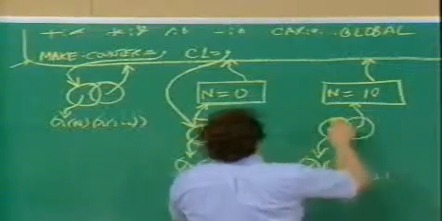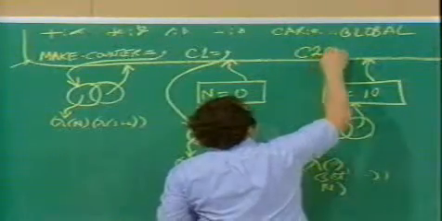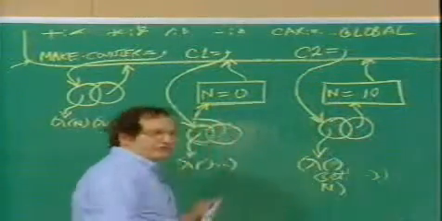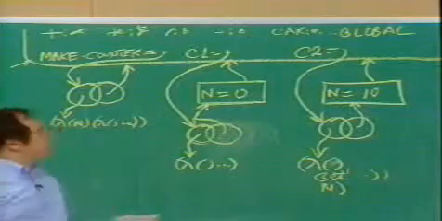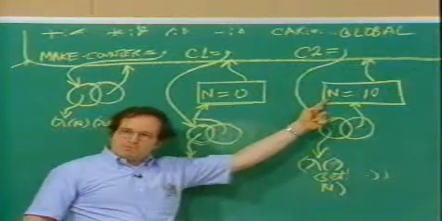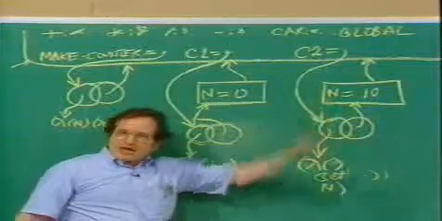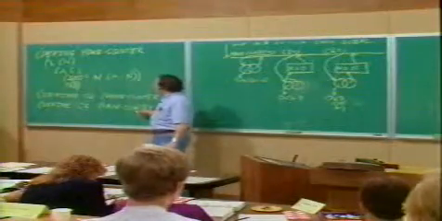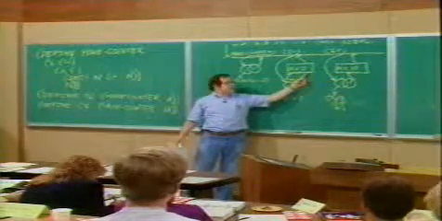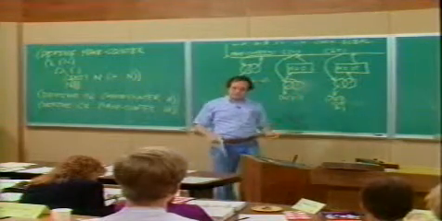Okay, and C2 is this. Well, you're already beginning to see something fairly interesting. There are two n's here. There's not one n. Each time I called make counter, I made another instance of n. These are distinct and separate from each other.